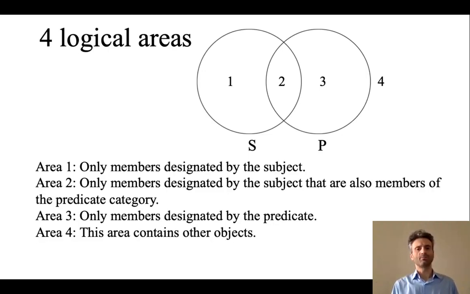How many blonde people? Zero blonde people. What about here in area 2? How many beautiful cars are you going to find here? Zero, not even one. And what about area 4? Well, in area 4, naturally, you will find everything else. Things that are not beautiful, things that are not blonde, everything else.